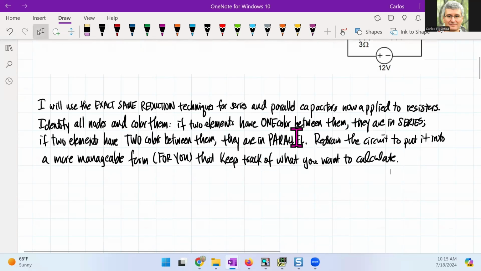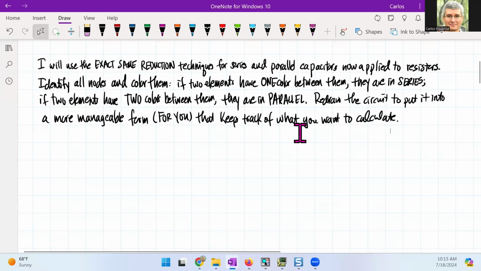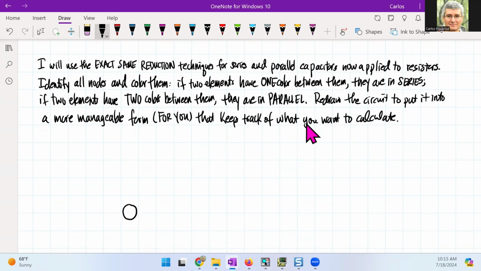So let's go draw the circuit here. I have my source, and we know this is 12 volts.